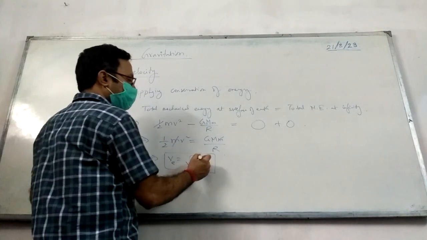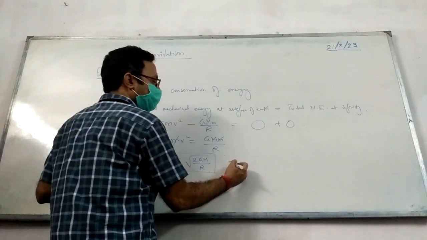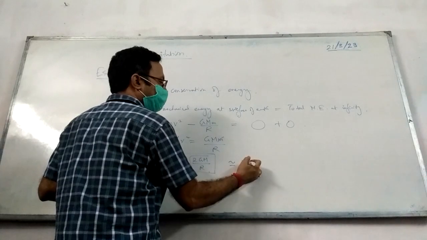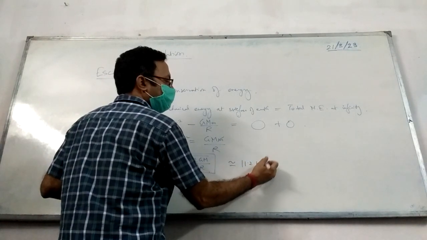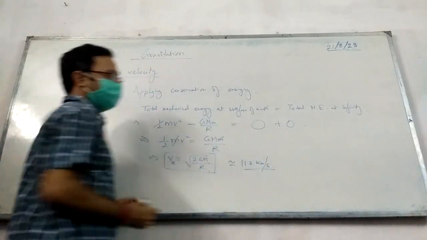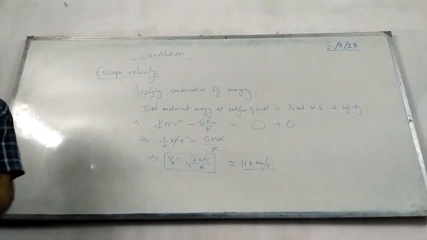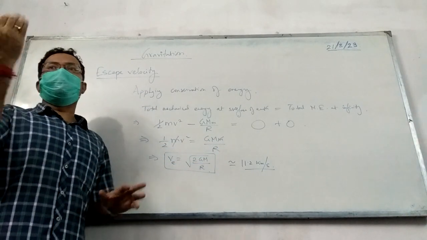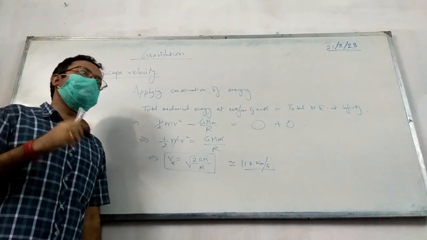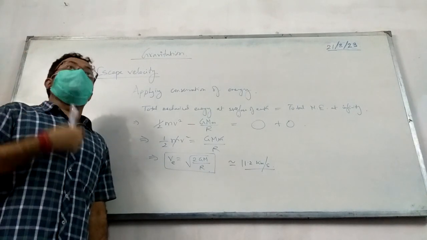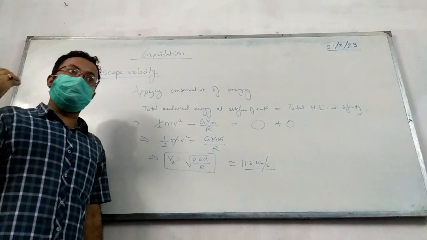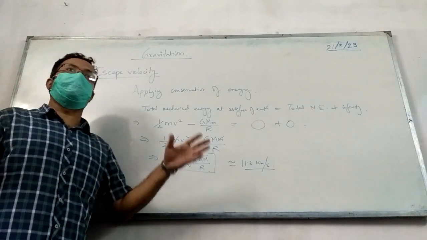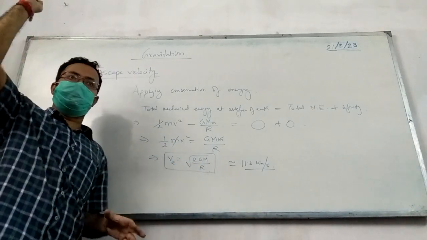So if you put the values of G, M and R, this comes out to be nearly 11.2 kilometer per second. That means if you throw an object with this much velocity from the surface of earth, it will never return back to the earth. But remember, neglecting air resistance. Since air resistance is present, you have to throw with much higher velocity so that you can overcome the air resistance.